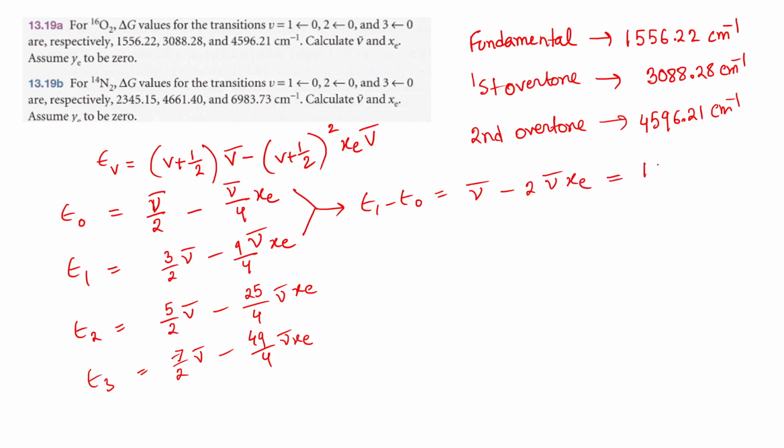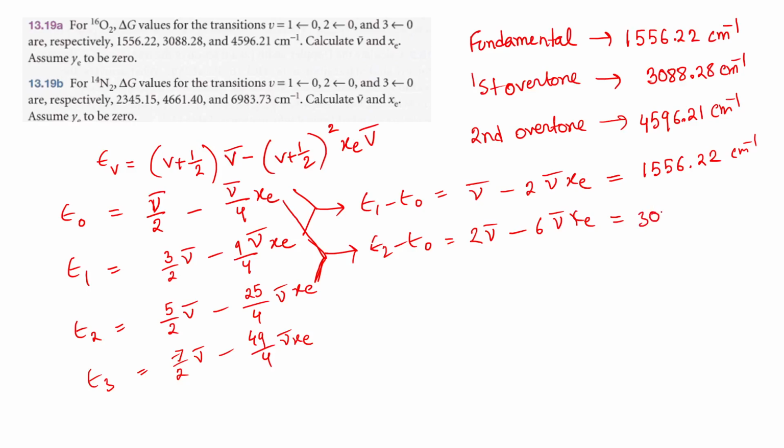So this is given already: 1556.22 centimeter inverse. You are getting it, right? Then from 0 to 2, epsilon 2 minus epsilon 0 will give you 2 nu bar minus 6 nu bar xc, since 25 minus 1 over 4 is 6.